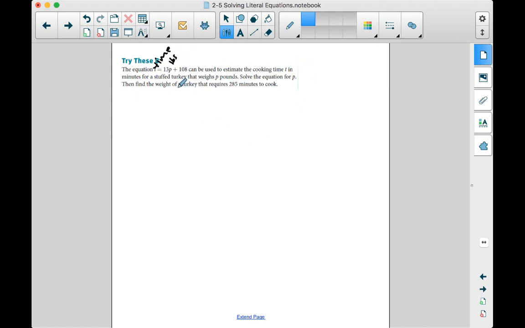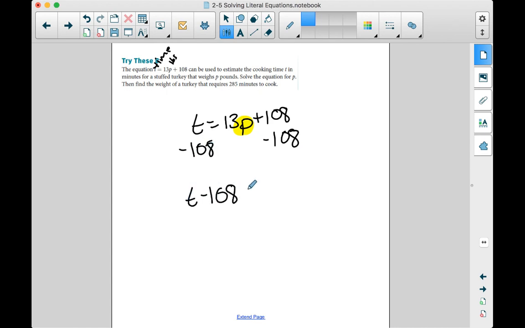All right, so I want to isolate my pounds. So t equals 13p plus 108. I'm trying to isolate the pounds. That's what I want by itself. So to do that, I'm going to subtract out 108. So I have t minus 108 equals 13p.